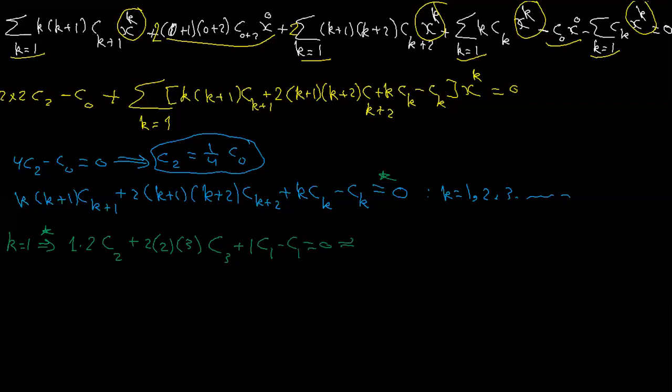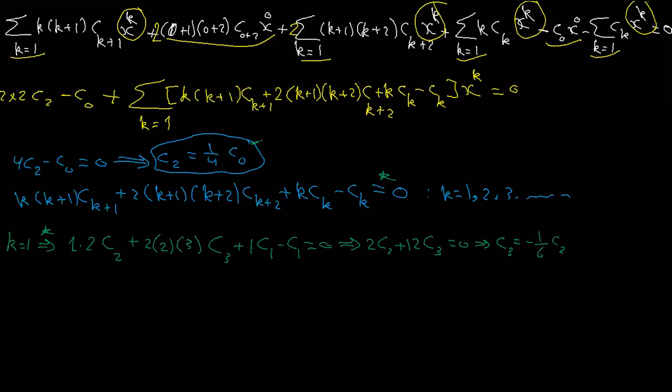Let me simplify this. So 2C2, 2 times 2 is 4, and 12C3. C1 minus C1, it's 0, equals 0. So I can say now that C3 is negative 1 over 6 C2.